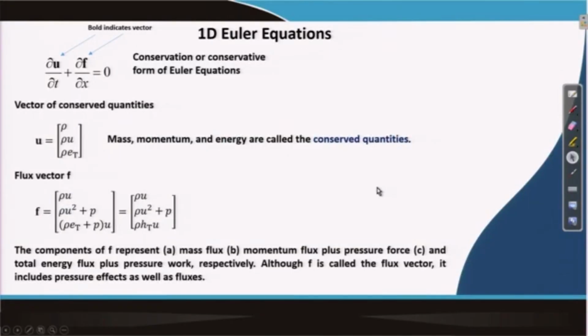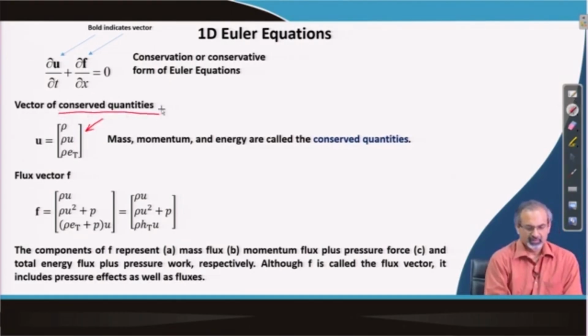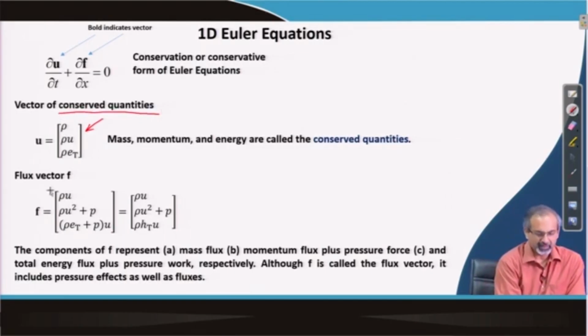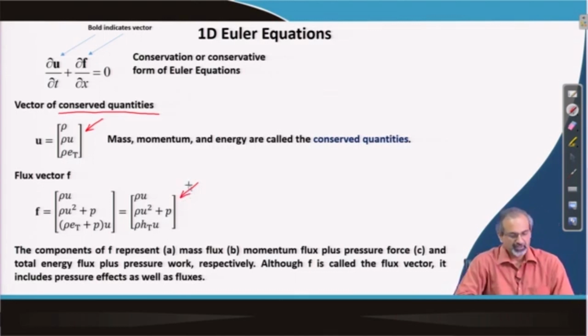So, in the last lecture, before concluding, we had talked about the one-dimensional Euler equation in their vector form, and if you recall, we talked about two vectors, the vector u, which is concerned with the conserved quantities, conservation of mass, momentum and energy, and the flux vector f, which comprised of the different fluxes, the different flux quantities.